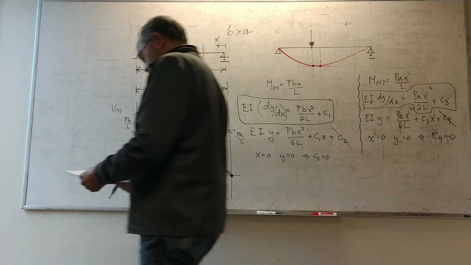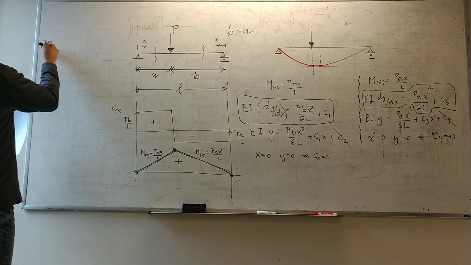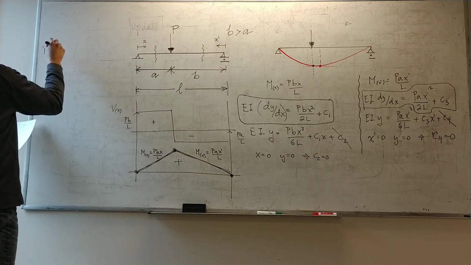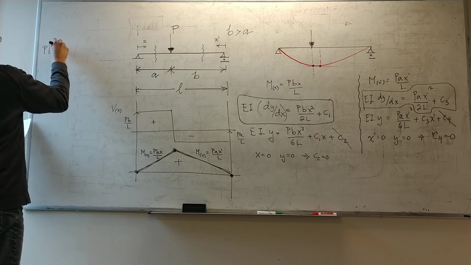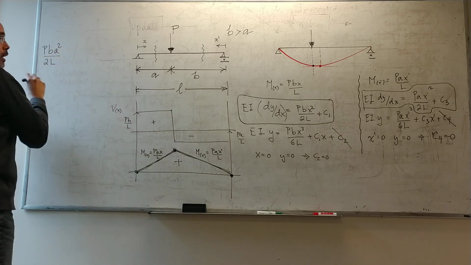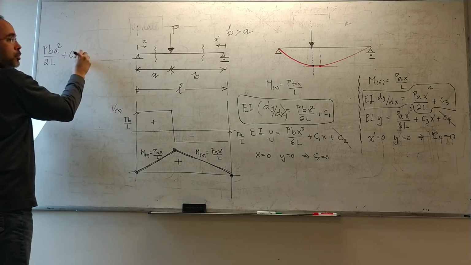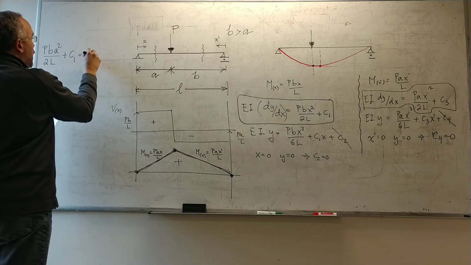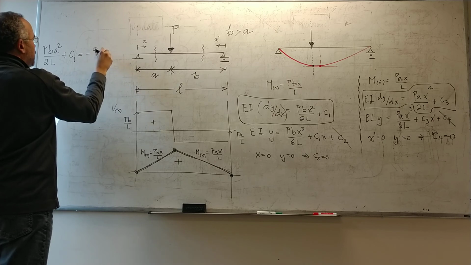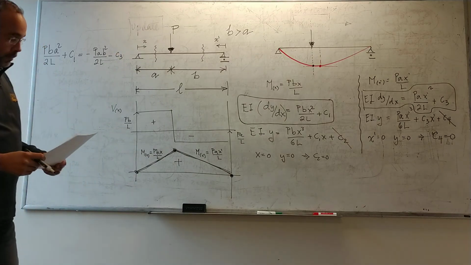So we'll do that over here. Basically that means P B A square over 2L, plus C1 equals minus P A B square over 2L minus C3.